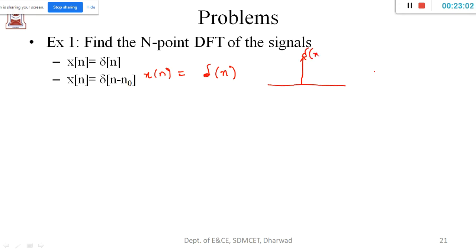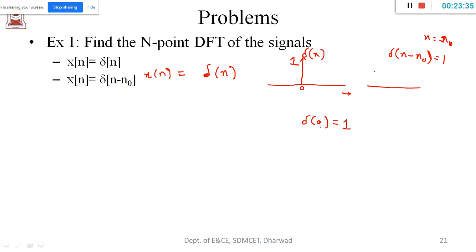Delta of n is defined as 1 when n is equal to 0. So if I go for delta of n minus n naught, the value will be equal to 1 when n is equal to n naught. So delta of 0 is equal to 1. It is only that which is defined.